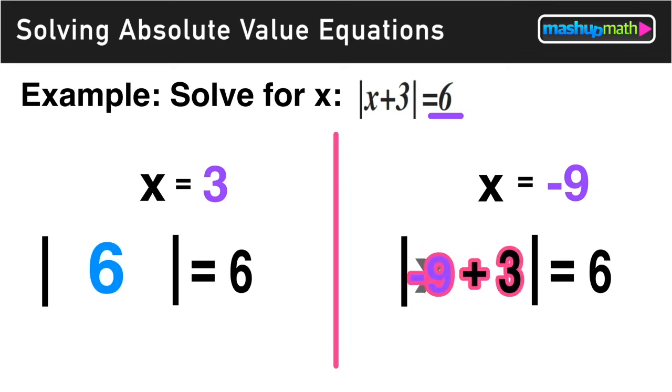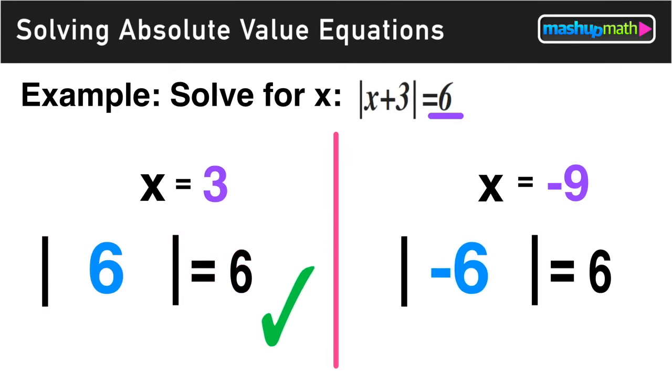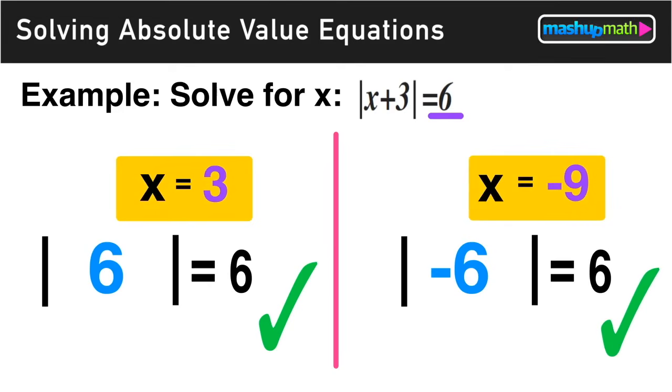Over on the right side, inside the absolute value bars, negative 9 plus 3 is equal to negative 6. I know that my left side equation is true because the absolute value of 6 does equal 6. And I know that my right side equation is true, since the absolute value of negative 6 also equals positive 6. So my solutions of x equals 3 and negative 9 both check out.